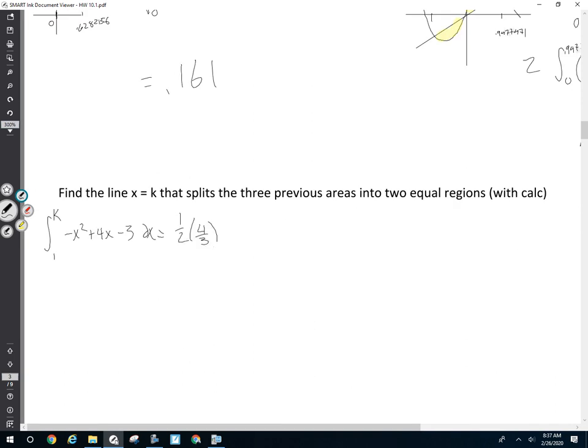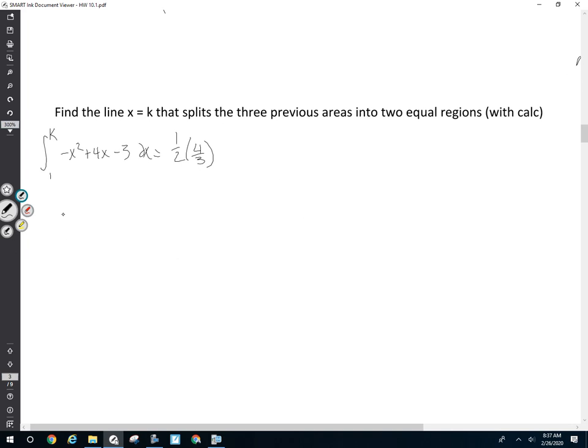Now, I've already taken the antiderivative, so it's like we're doing the same process again. It's an x cubed. That's a 2x squared. It's equal to 2/3. And then I plug in k, and then subtract 1 plugged in. And that needs to equal 2/3.